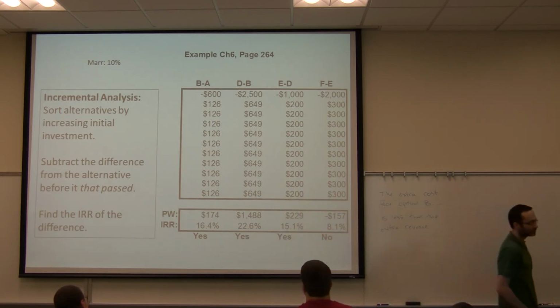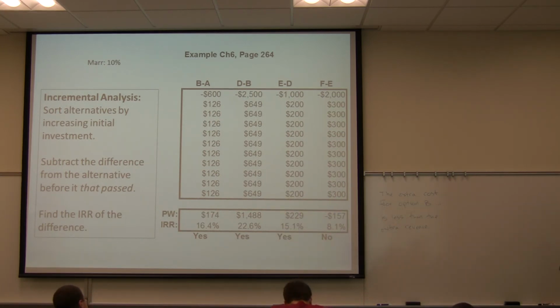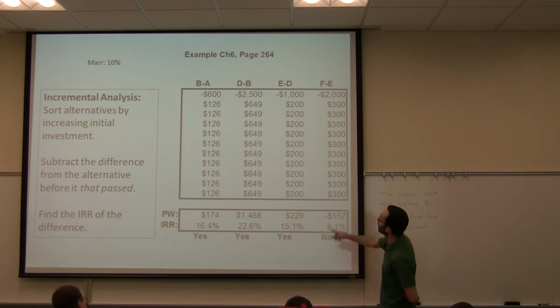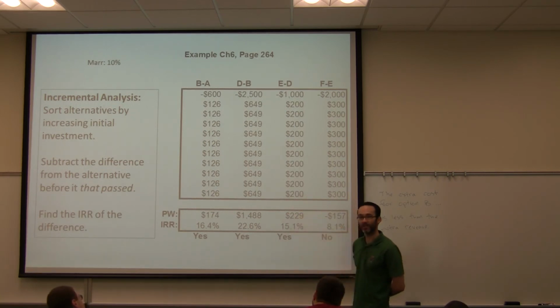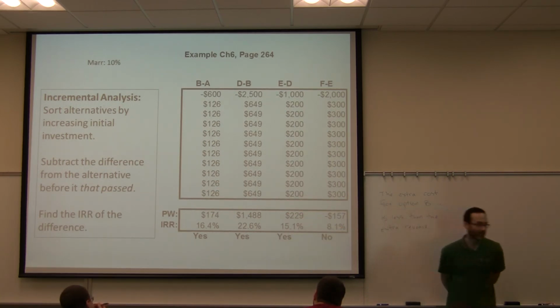The best option here is option E. It's the last one that was higher than 10%. It generates the most profit.